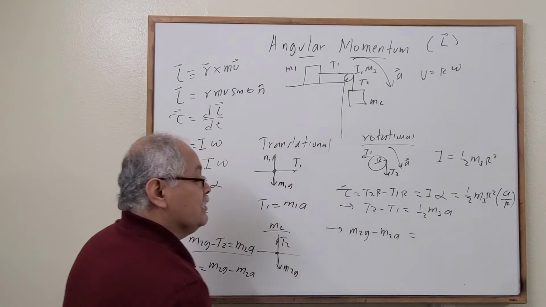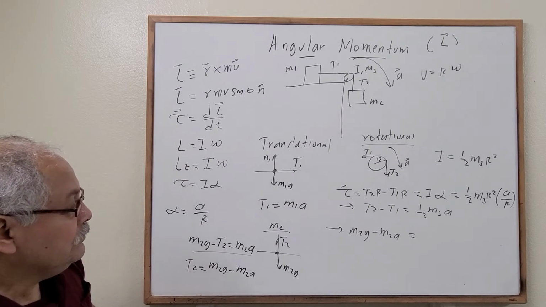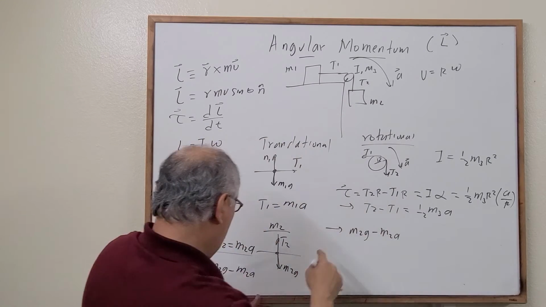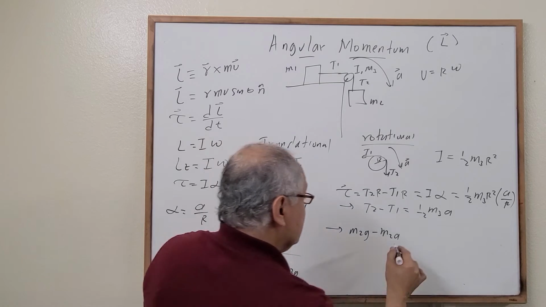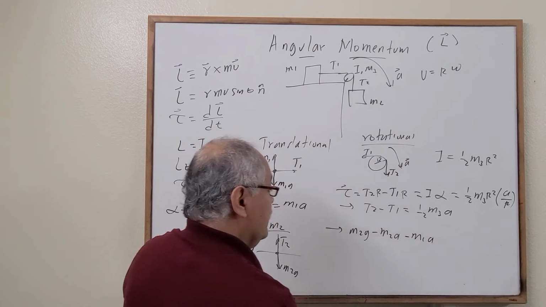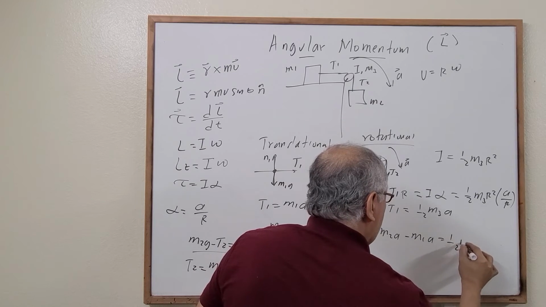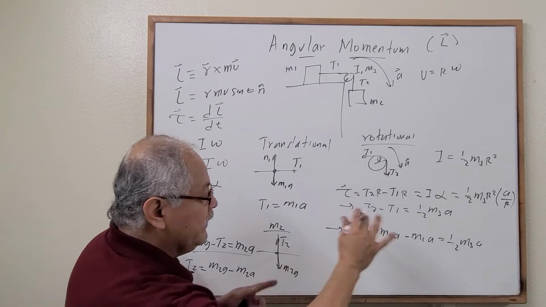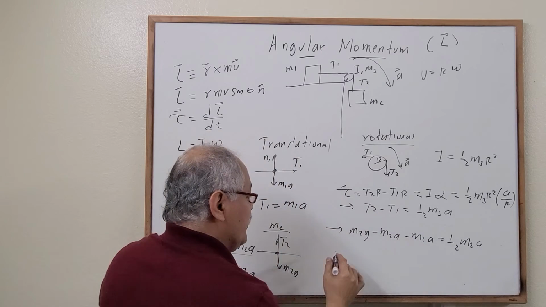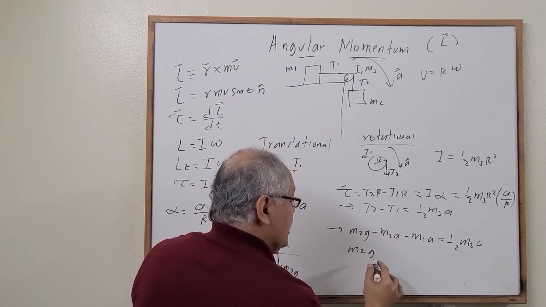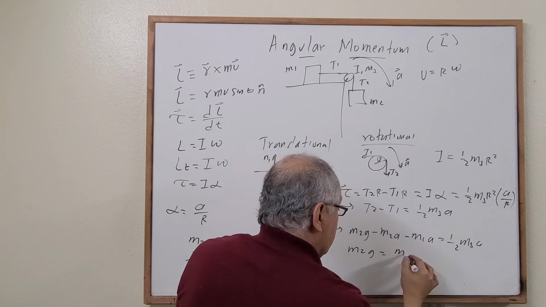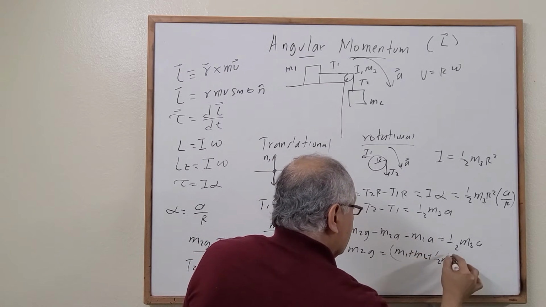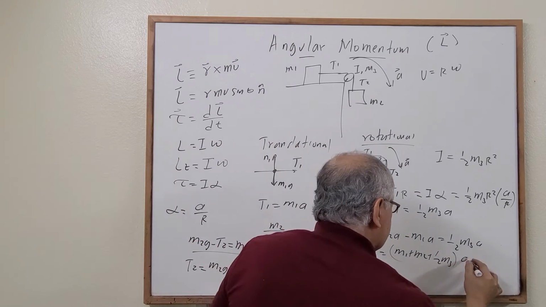This is equal to 1/2 M3 a. When we rearrange all of this, we have M2g is equal to M1 plus M2 plus 1/2 M3, times the acceleration.